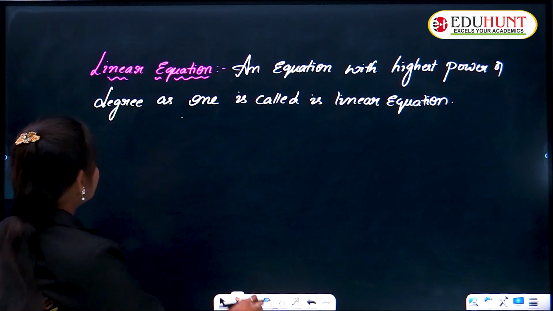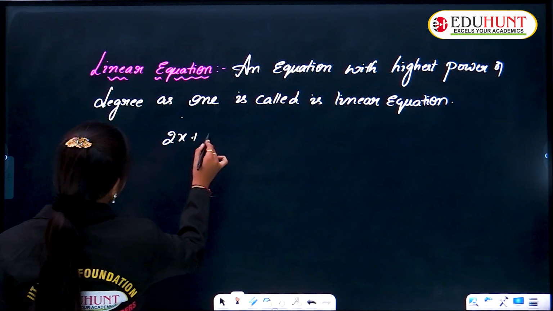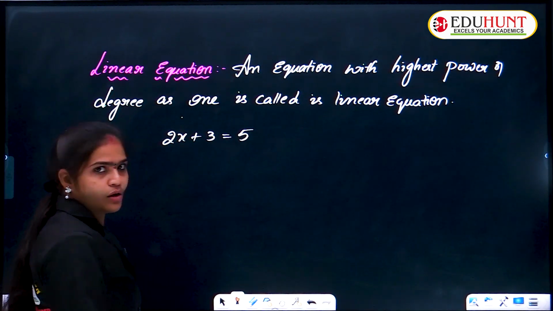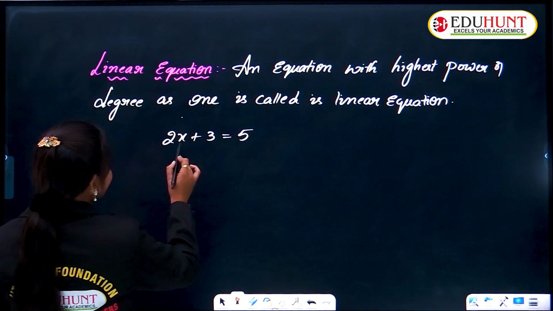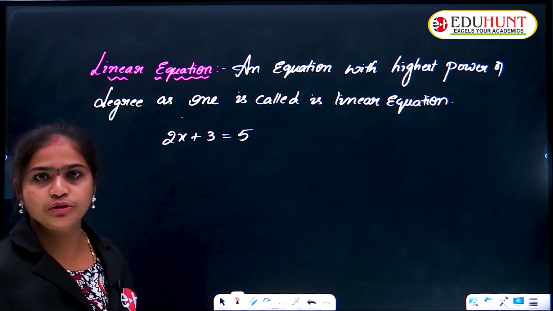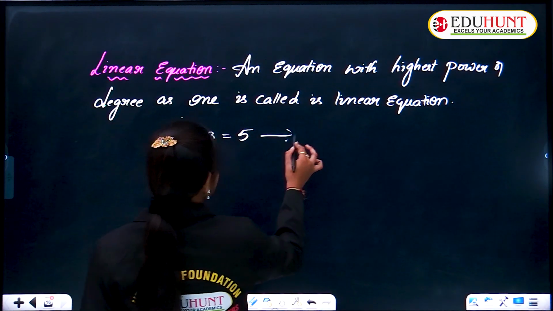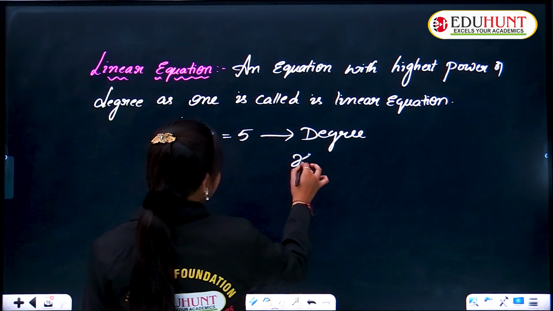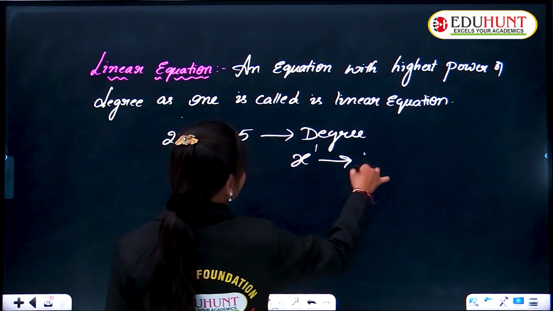Just like 2x plus 3 is equal to 5. What is the degree here? Which variable is there? On that variable only you have to check the degree. Only one variable is there, that is x. Nothing is given as the power, so it is x power 1.